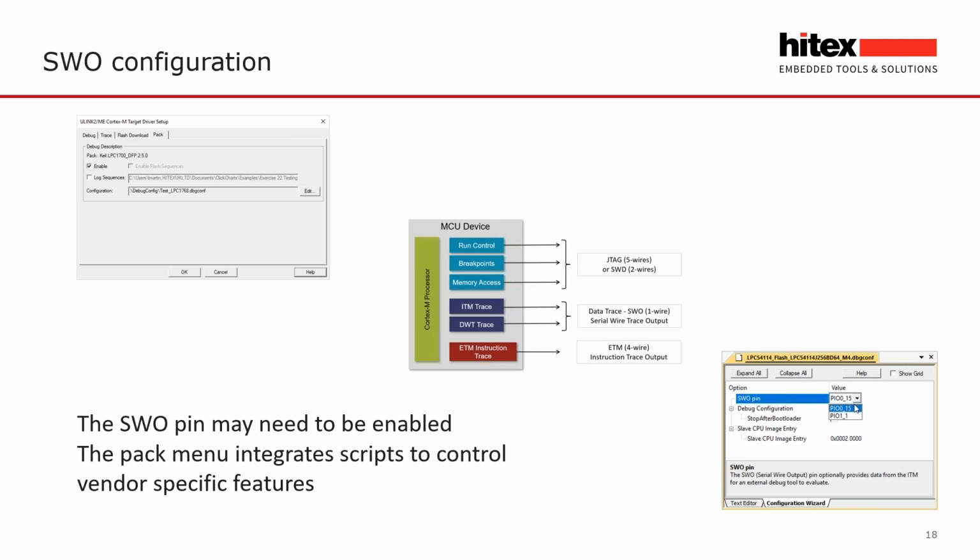So when you're configuring, have a look in the Pack tab and have a look into the debug configuration script file to see what options are available to you. Again, this is quite important when you first do your first Hello World project.